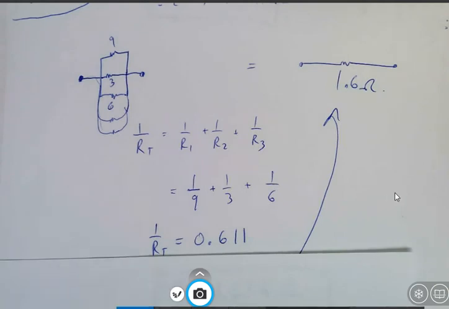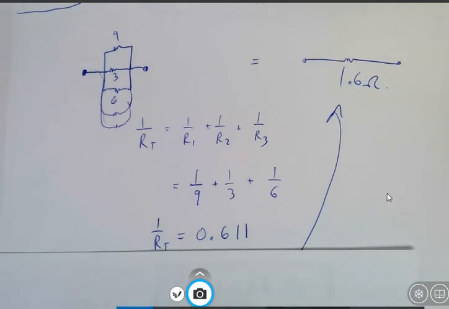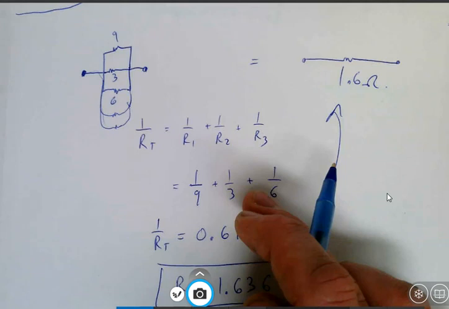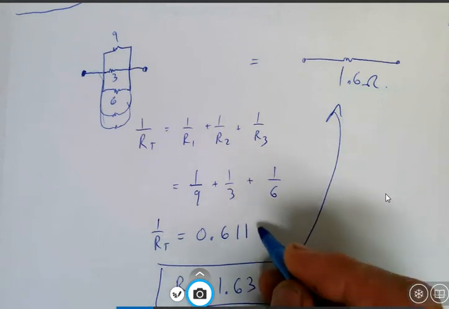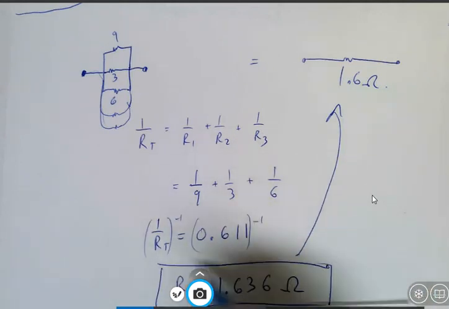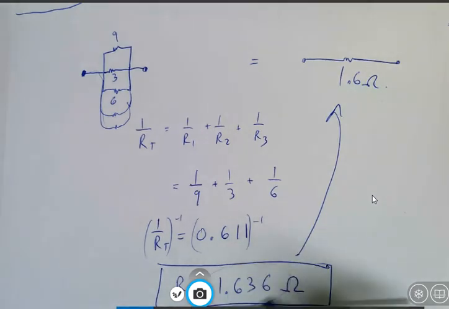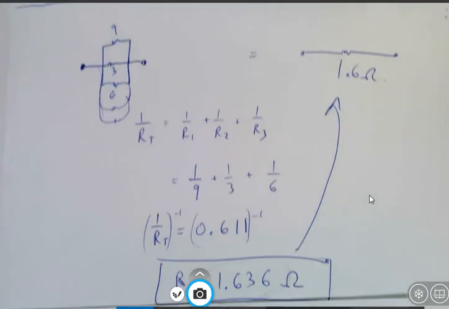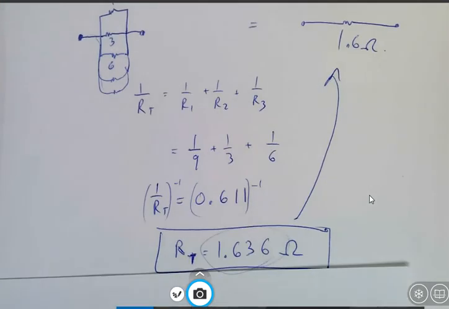Oops. Please be careful that you finally take 1 over that number. In other words, I need to raise it to the -1 power to get the total resistance. So my total resistance is 1.6 ohms.